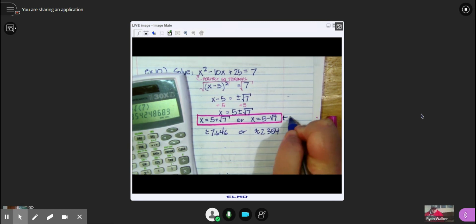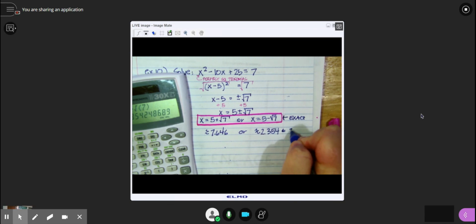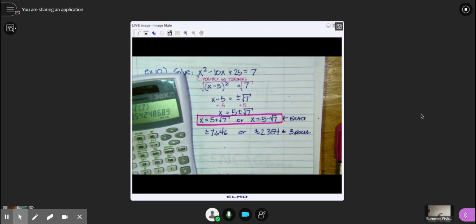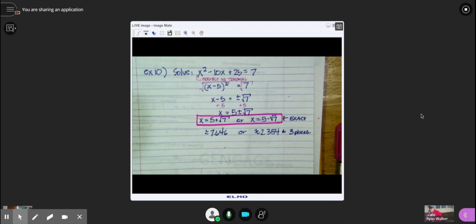So this guy is exact, and this guy is 3 places. Or 5 minus the square root of 7. There should be 2 answers.